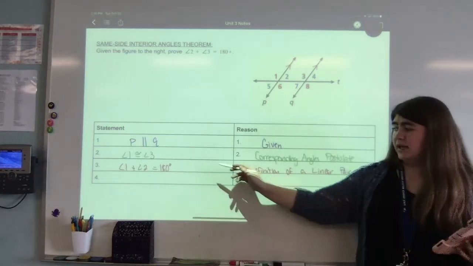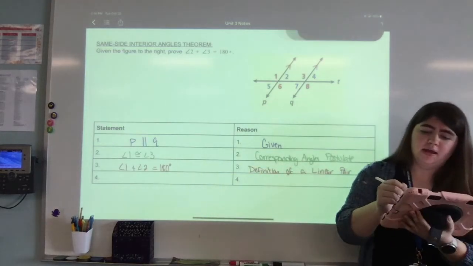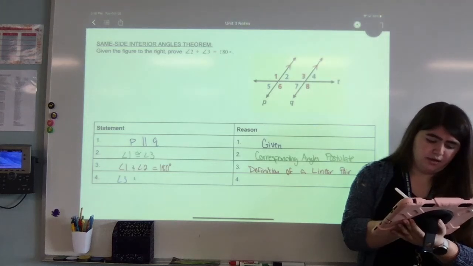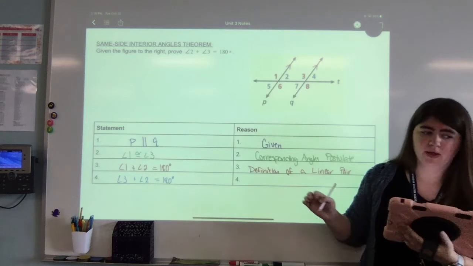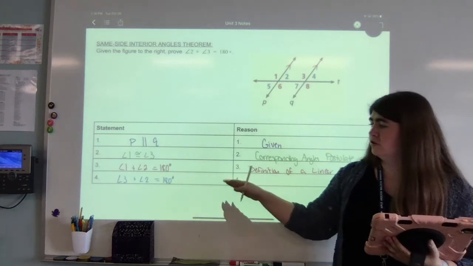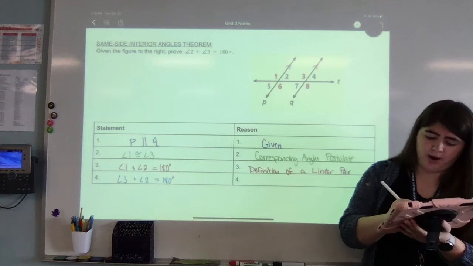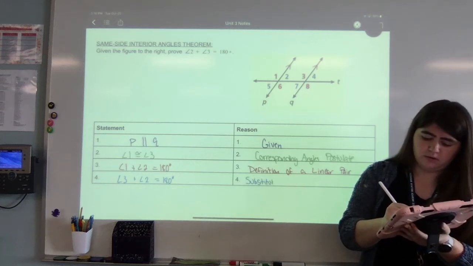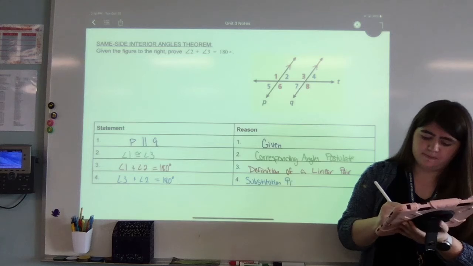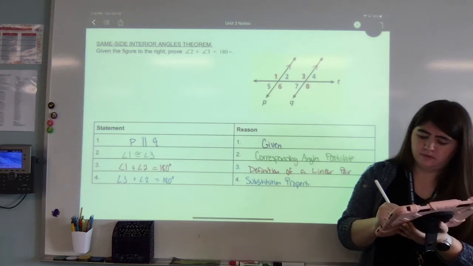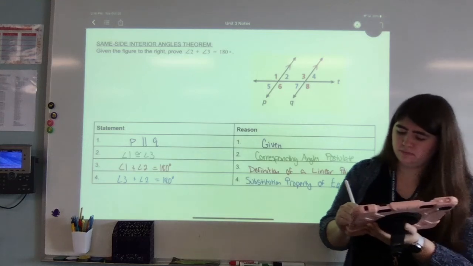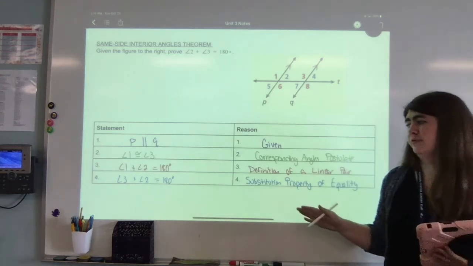So instead of having angle 1, I'm going to say that angle 3 plus angle 2 is equal to 180 degrees. And I know that this is true because of the substitution property of equality. And that is our proof.